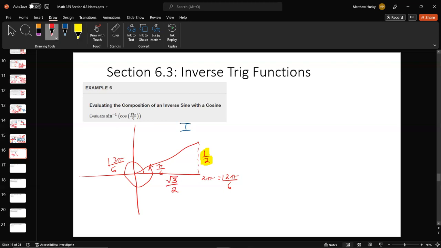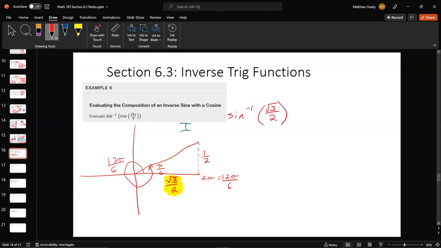So cosine of 13 pi over 6 is... sorry, I'm doing the cosine. So the cosine of 13 pi over 6 is root 3 over 2.